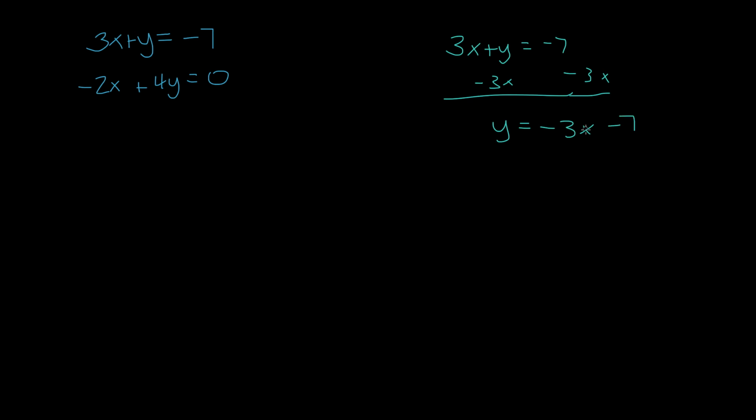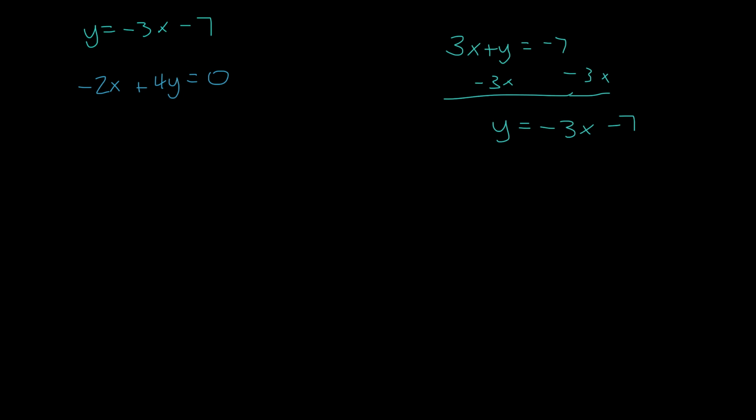So this one is solved for y, and so I'm actually going to replace our newly written equation with our first equation, just to make it a little bit easier. And so we have y is equal to negative 3x minus 7, and those two are our equations. Now what we're going to do is what we've been doing, and we're going to plug in negative 3x minus 7 for the y in the second equation.